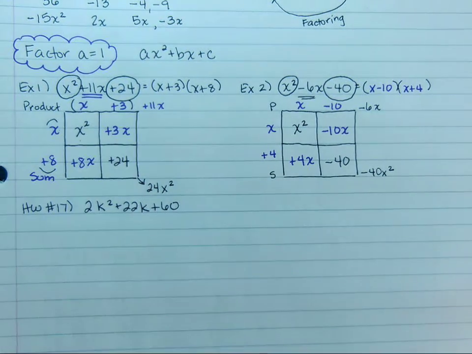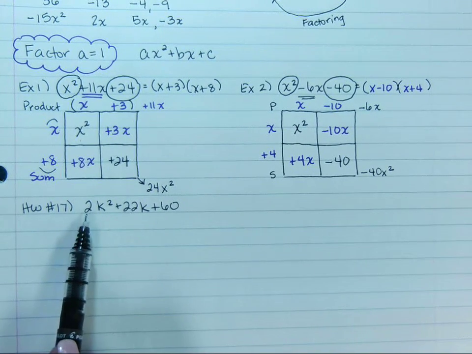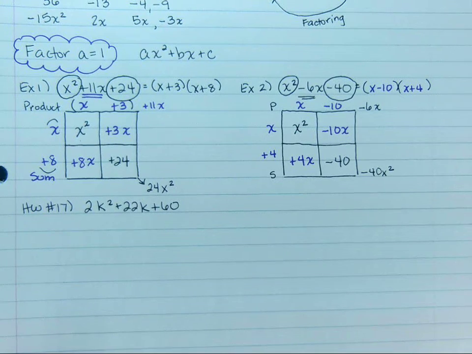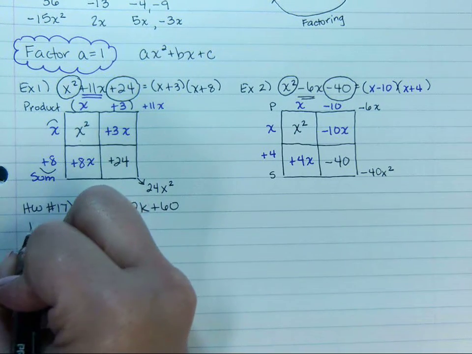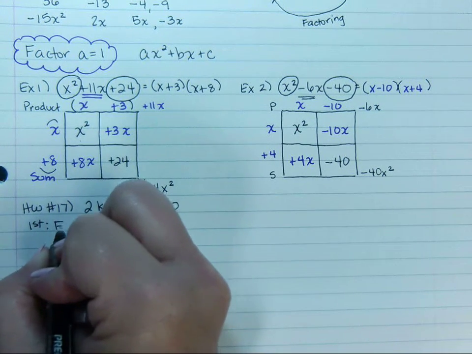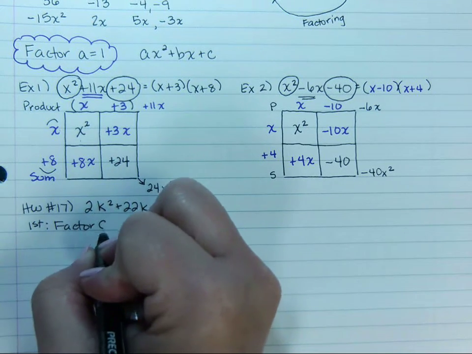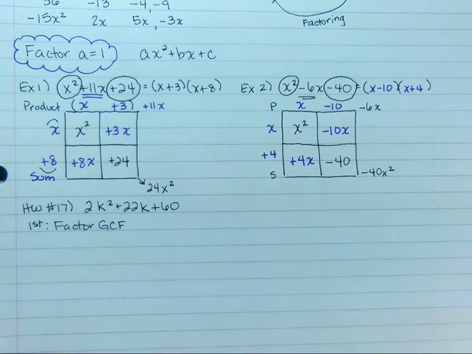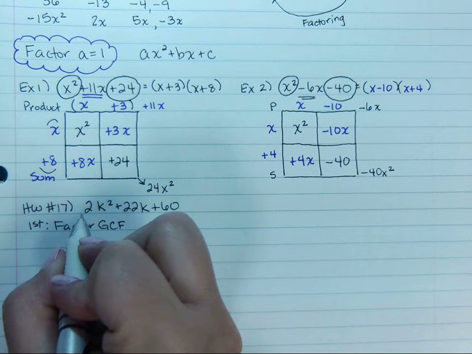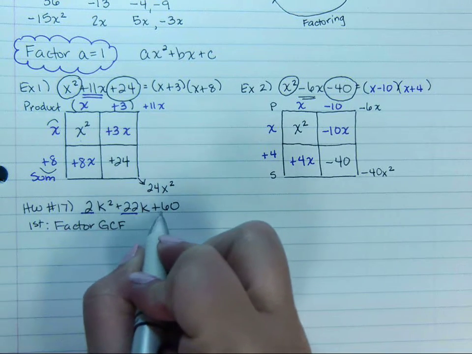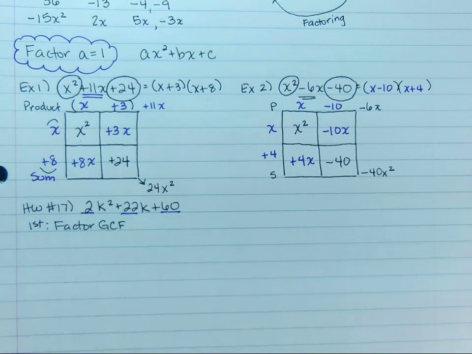And so this is a problem where I want to do the same technique, but I don't have a 1 in the front. So the first thing that I have to do is factor the GCF. Meaning I need to check these coefficients in front, and I need to take out the factor that they have in common first.